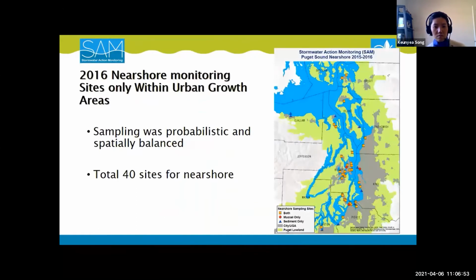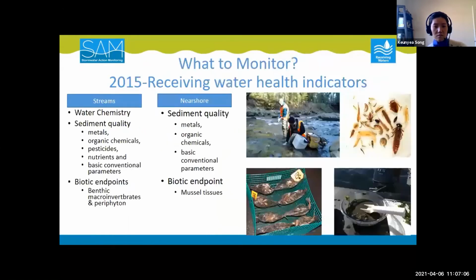Previous nearshore studies focused only on the urban growth area and sampled mussel and sediment at 40 random sites. At these sites, we measured receiving water health indicators. For streams, we collected monthly water samples and analyzed them for nutrients, metals, and organics. Sediment samples were collected in summertime.